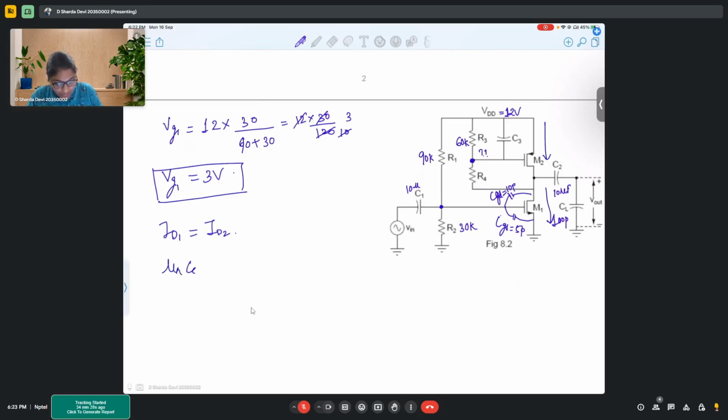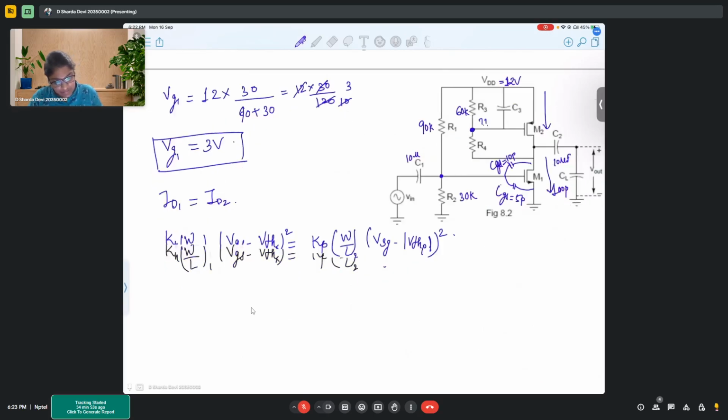That means Kn W by L1 (VGS minus VTHN) whole square equals Kp W by L2 (VSG minus mod VTHP) whole square.